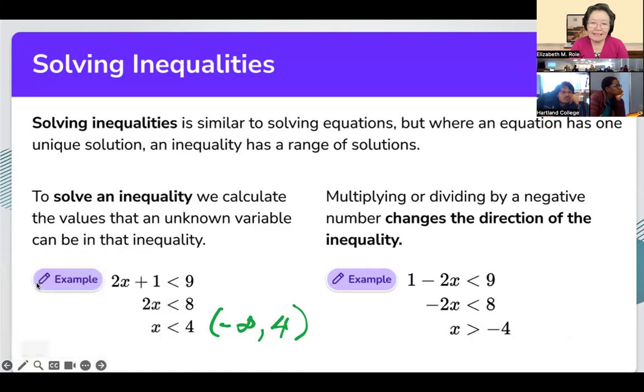And to write that in interval notation, because it's greater than -4, it's from -4 to positive infinity. This one denotes that it's greater than -4.